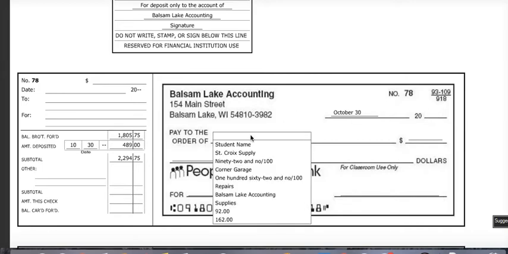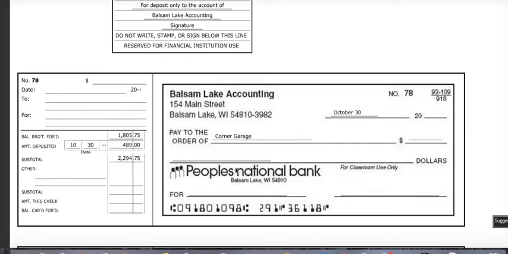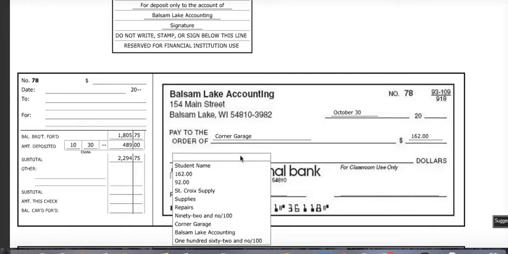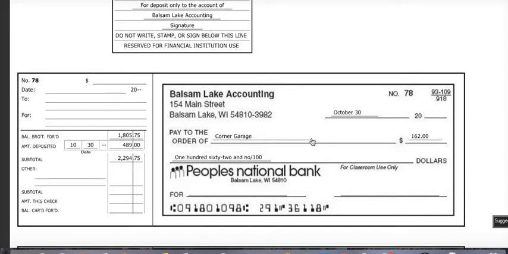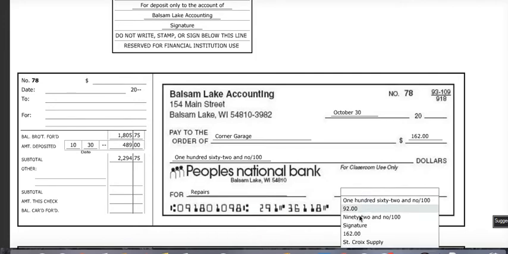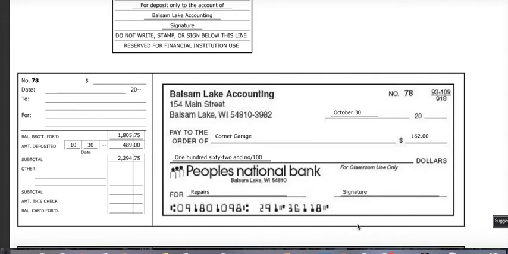Pay to the order of Corner Garage, and it was for $162. And down here you list it out, 162 and nothing over 100. For repairs, given to me in the directions, and student signature or signature belongs right there. So you have now completed the check.